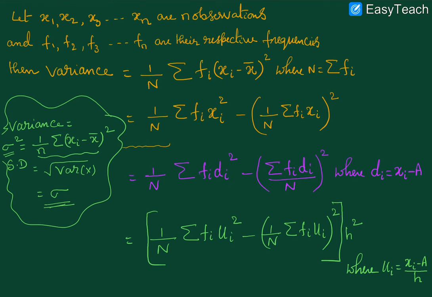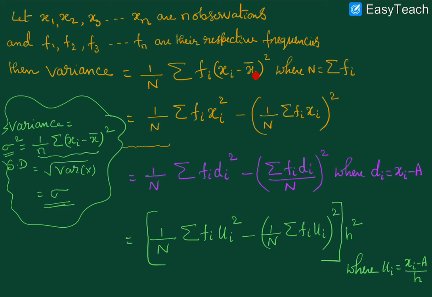Now, when the data is given as a discrete frequency distribution, x1, x2, x3 and so on, xn are n observations, f1, f2, f3 and so on, fn are their respective frequencies, then variance can be calculated by using this formula: 1 by n into summation fi into (xi minus x bar) whole square, where n is nothing but the sum of the frequencies.